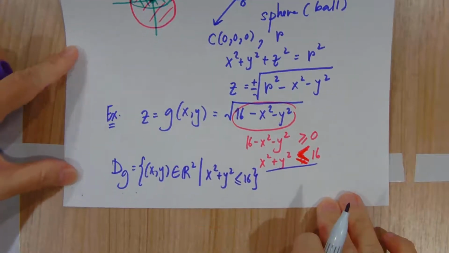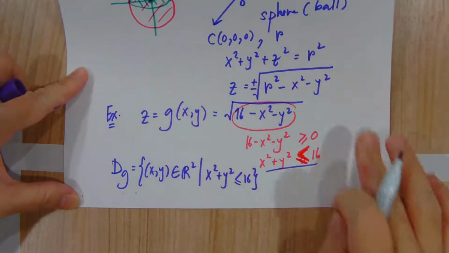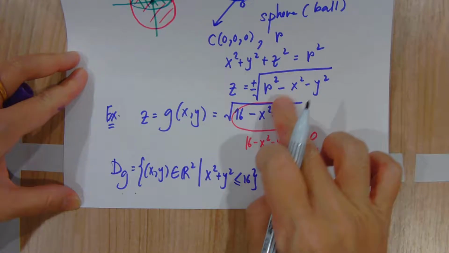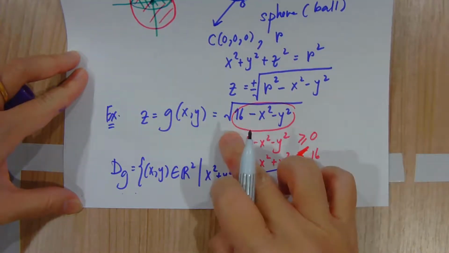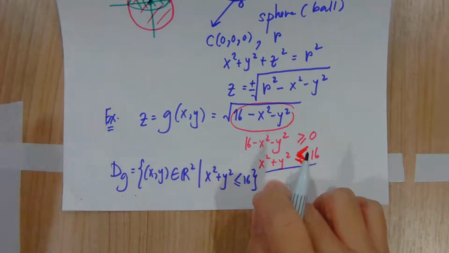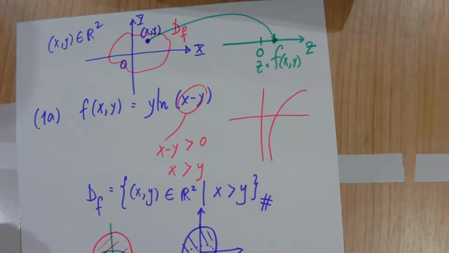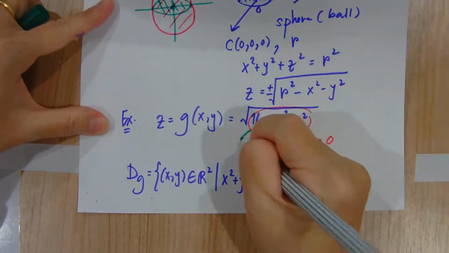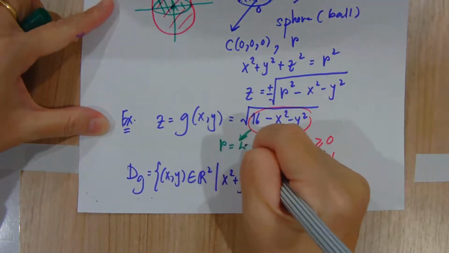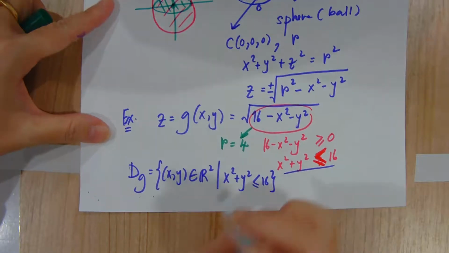And then you have to find the range. So you can see that the radius squared is 16, so we also found that the radius equals 4 units. Okay, so we got that.